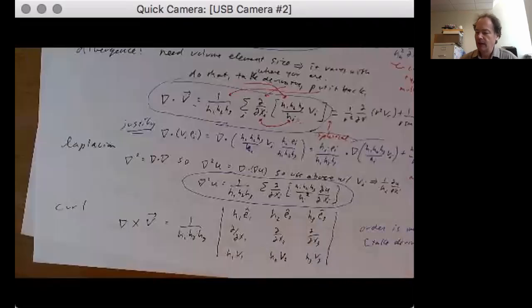And so you need to make sure you get these things in the right order, so that you are taking the derivatives of the correct things when you're applying that. That's not always the case when you're doing the determinant, but when you have derivatives, you have to actually watch out for that. And you can write out what the curl is.